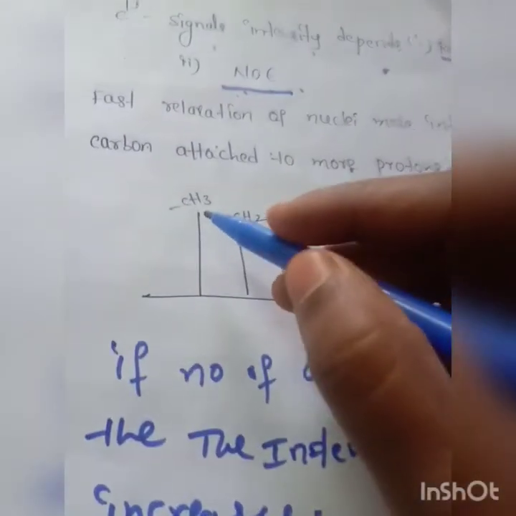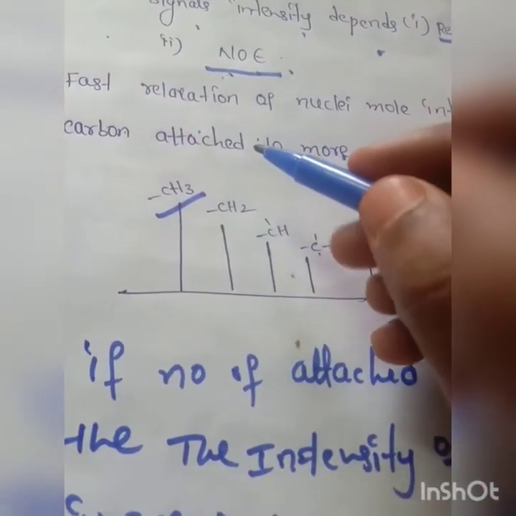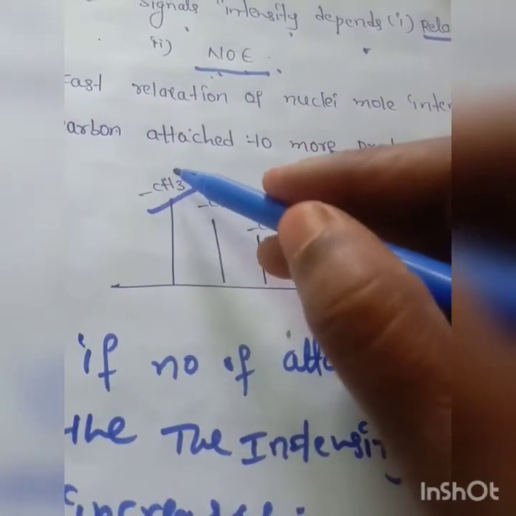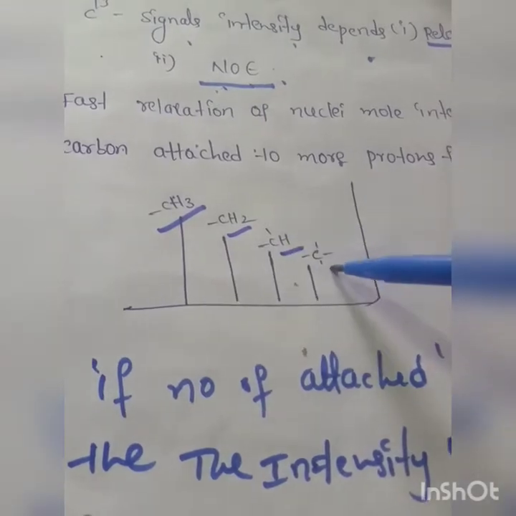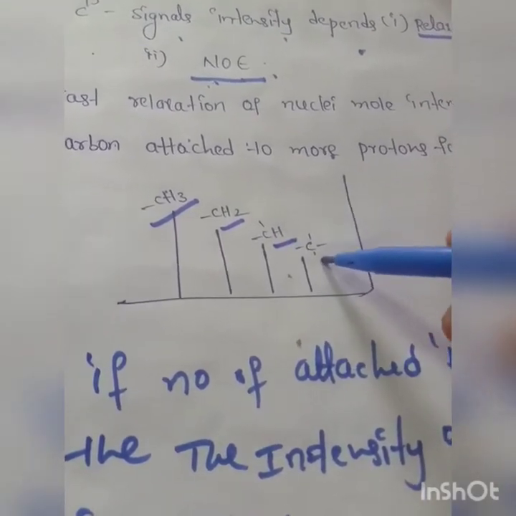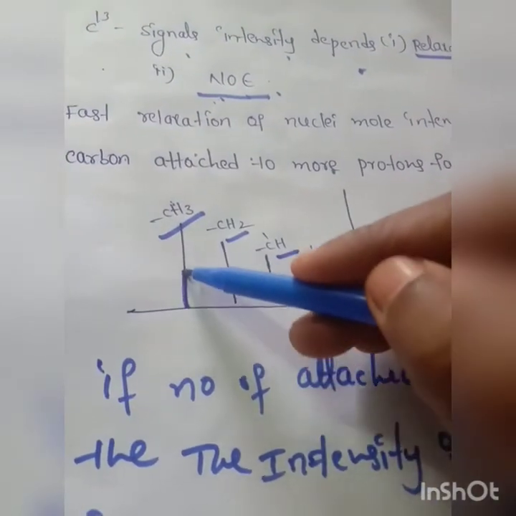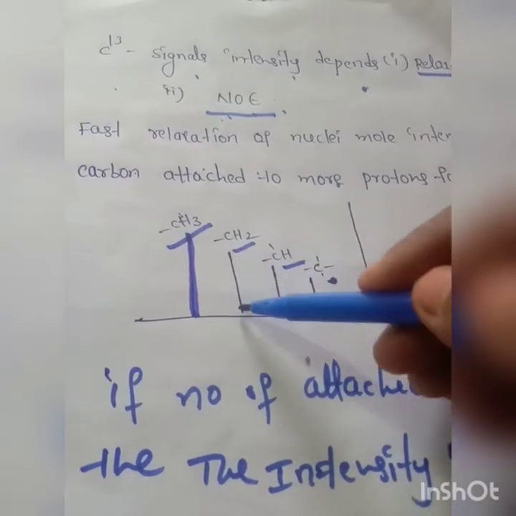For example, here CH3 is there. CH3 means 3 hydrogens are present, right? So the number of hydrogens is 3. Here the number of hydrogens is 2. Here the number of hydrogens is only 1. Here there are no hydrogens, right? So if 3 hydrogens are present, then the signal height increases. If 2 hydrogens, it decreases.